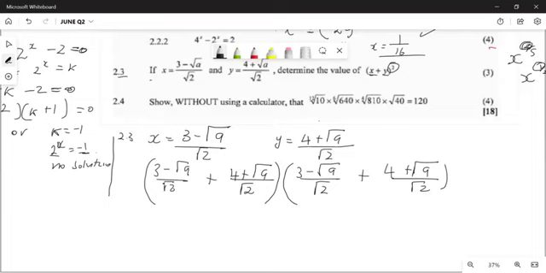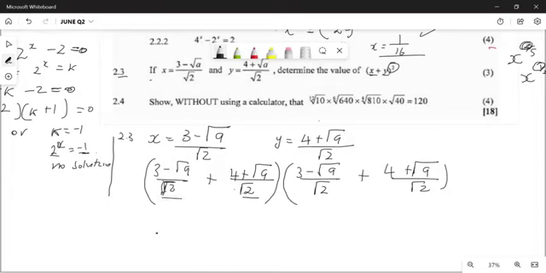Okay, now let's use some basic mathematics. If we are adding and the denominators are the same, we can simply add the numerators. Here you have root 2, and here you also have root 2.